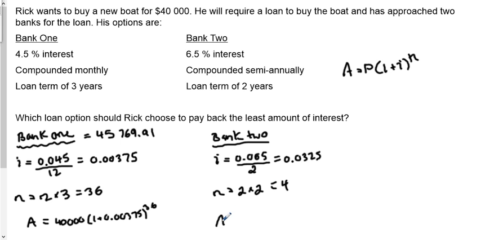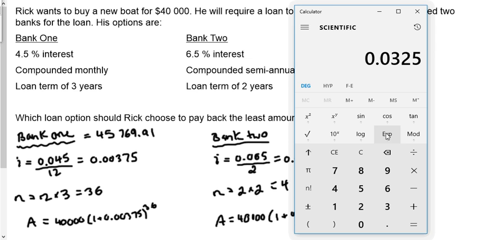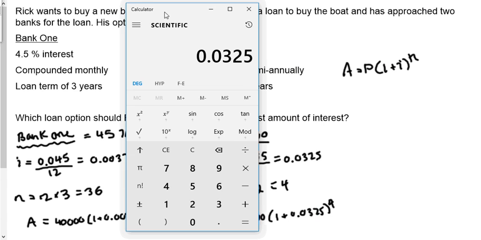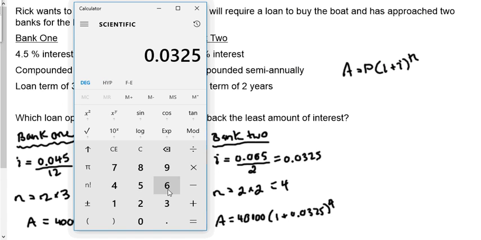So we're filling that into our formula here. We've got 40,000 times (1 plus 0.0325), which is going to be to the 4. So grab my calculator here. And I've got 1 plus 0.0325.